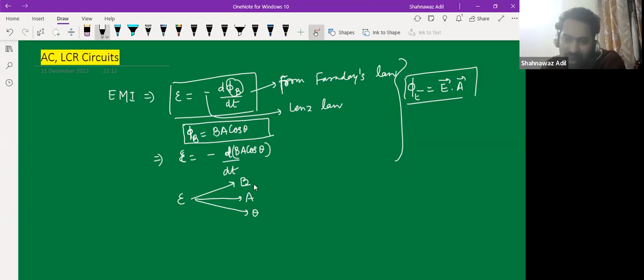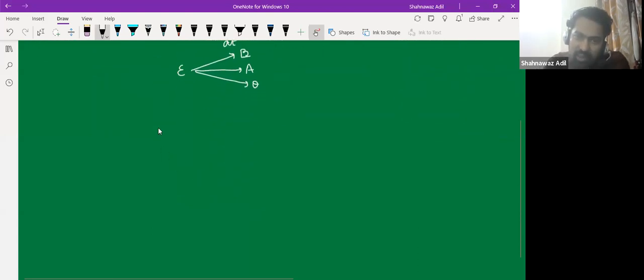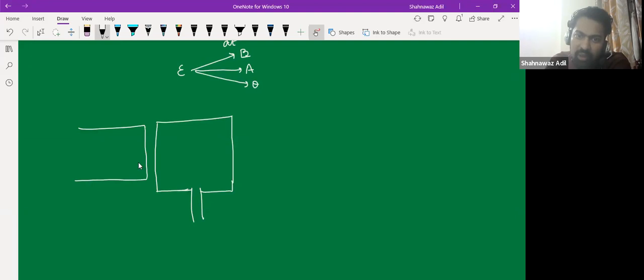So in the AC generator, what do we do? We have this aperture which we put in this plane, and then we apply some magnetic field. The aperture is kept at this angle, so magnetic field lines are passing through it.